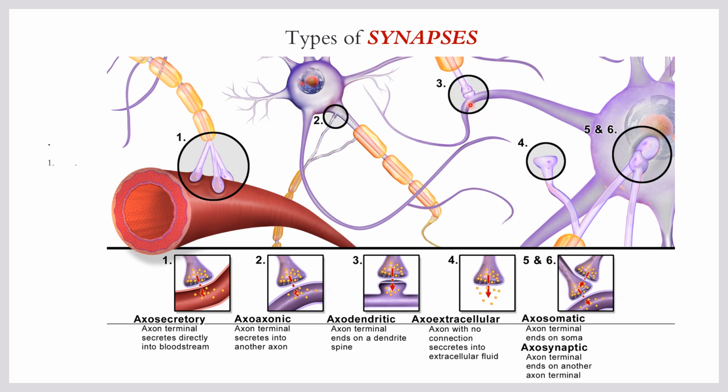Here we can see this axodendritic synapse represented. We can also have an axoaxonic synapse, when the axon terminal secretes into another axon, and we have this type of synapse represented here.